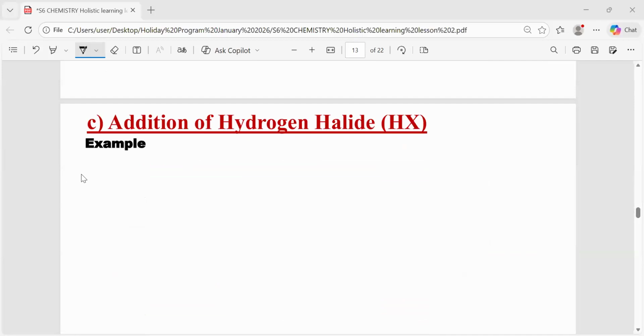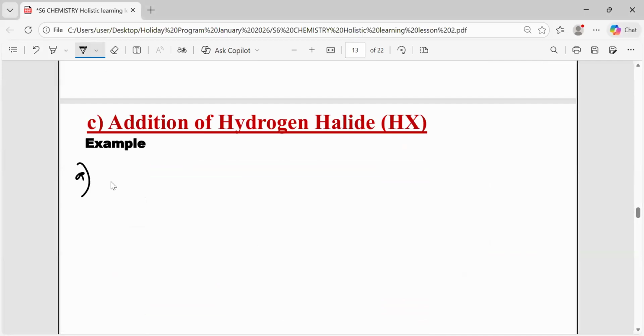The other one of but2-ene, CH3. Okay, let me first give you mine. Give me the name of this compound. What is the name of this compound? Get for me the name, and then after that, you tell me the product it forms.